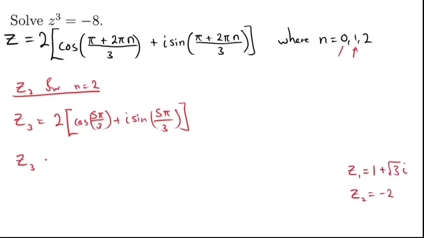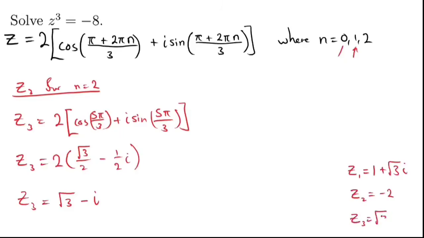So cos 300 is root 3 over 2, positive, and sine 300 is -half. So we have Z3 equal to root 3 minus I. And that's our third solution. So there you have it. These are the 3 solutions for our complex number Z.